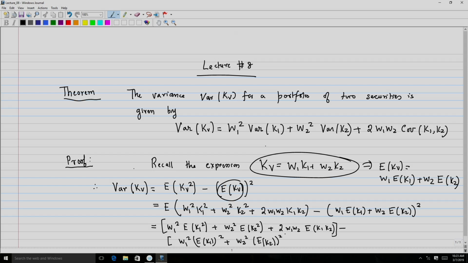We are just using the A plus B whole square formula, plus twice W1 W2 into E of K1 multiplied by E of K2.